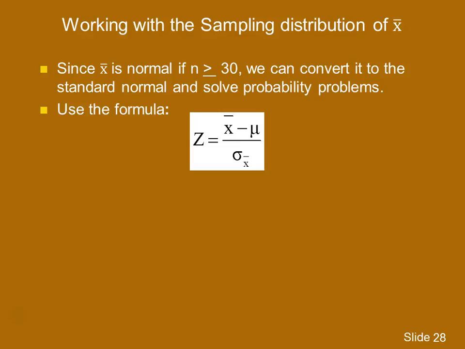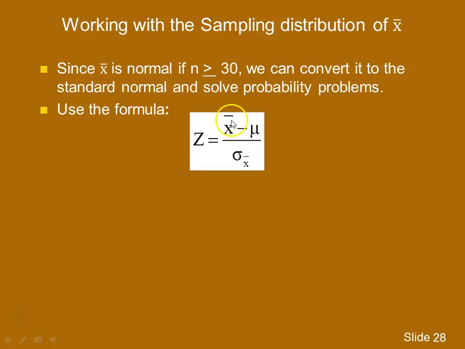Now, we can do something that is similar to something we've done before. We now have a new normal distribution. X bar is normal with n bigger than 30. Any normal variable can be converted to the standard normal in order to solve probability problems. Remember how you convert things to the standard normal? You take the variable minus its mean over its standard deviation.